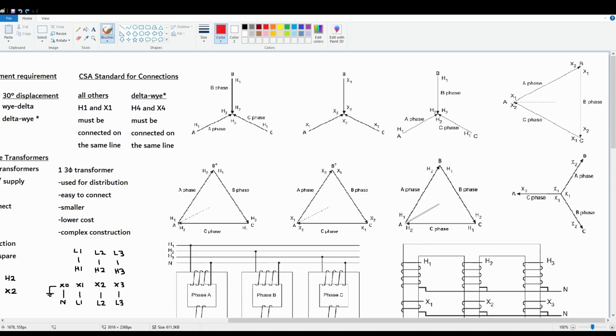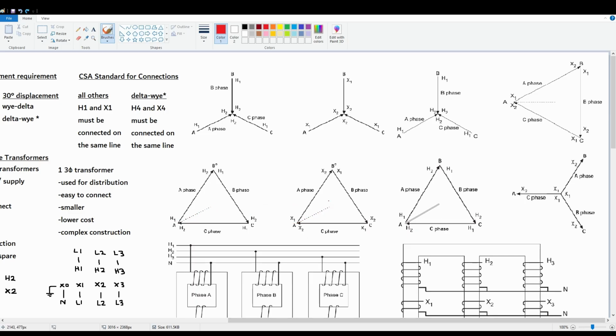And then same for delta to delta, we come into line A, and for a delta, your neutral is going to be in the middle, so A is going to go to neutral. And then you go to the low voltage side, come into line A, and then to neutral. It's going to be exactly the same as the high and low voltage side, so they don't have any phase displacement.